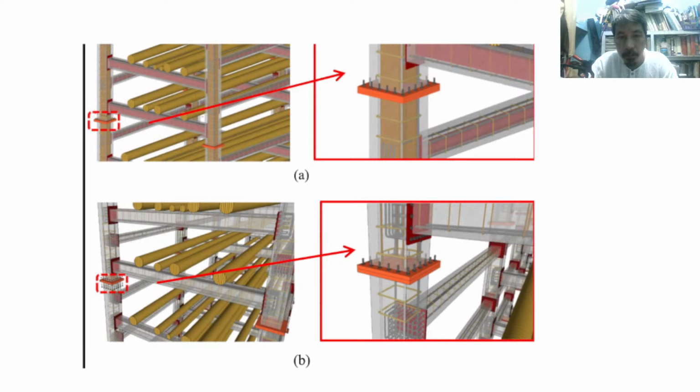Technically we call that column as axially loaded compression members. So anyway, that is our chapter 5.